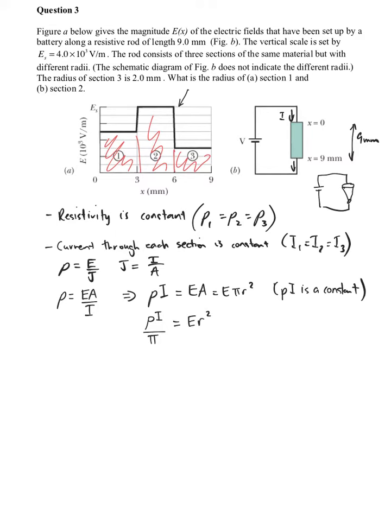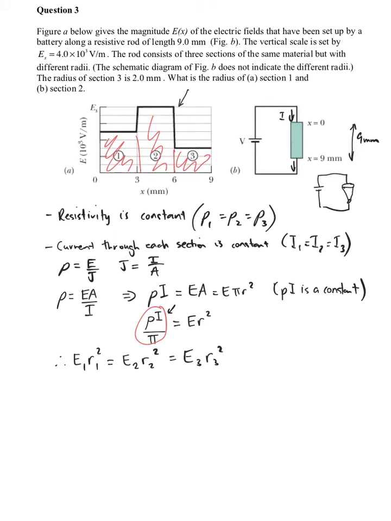This is a constant value. So we can say that for the first section, the electric field times the radius squared is equal to the same in the second, because this value is the same in both regions, E2 R2 squared, which equals E3 R3 squared.